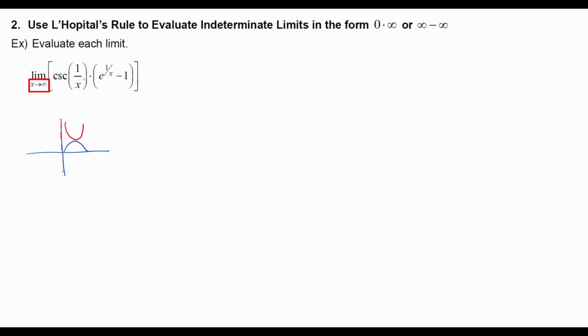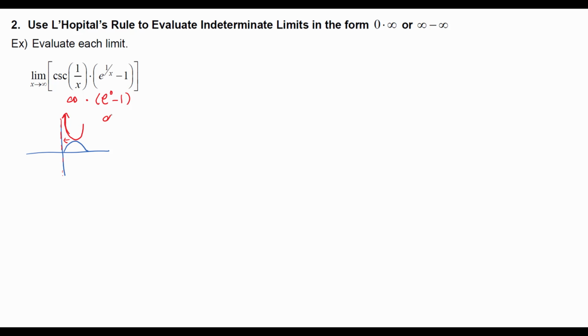So when x goes to positive infinity, 1 over positive infinity approaches 0 from the right. So when you go to 0 from the right, cosecant of 1 over x goes to infinity times e to the 1 over infinity, which goes to 0. So you have e to the 0 minus 1, and that's 1 minus 1, which is 0.